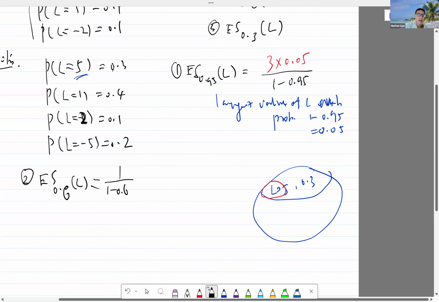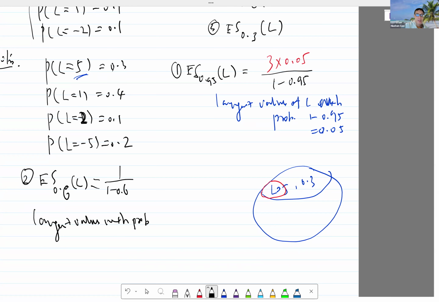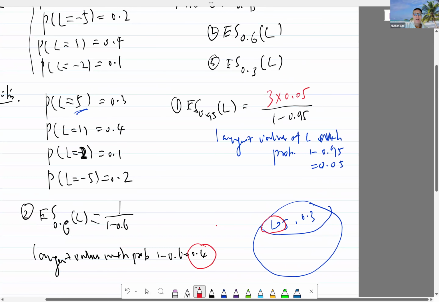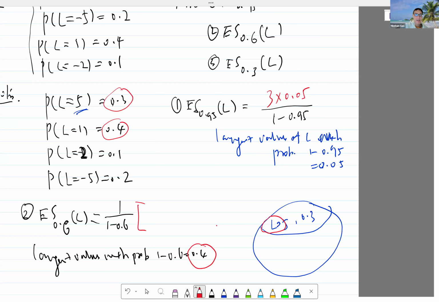You need to consider the largest tail values with probability 0.4. But the largest value 5 has probability only 0.3, not enough. I need a little bit more from here, right? So it's 5 times 0.3 plus the next value, 1 times 0.1. Now I have total probability 0.4. Enough.